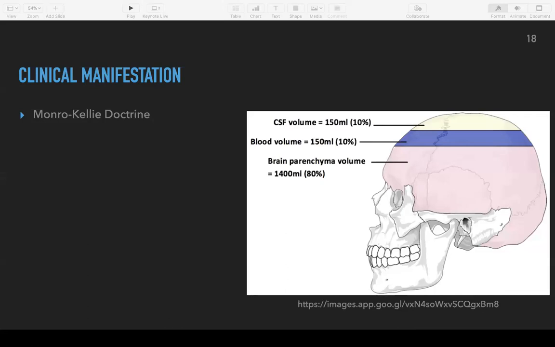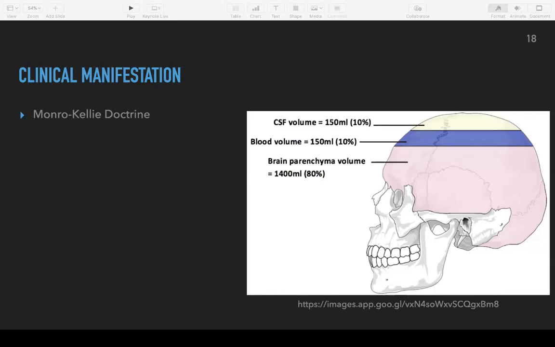So the doctrine stated that if you have an increase in one of the components, you will have a decrease in the other 2. What does that mean? So if we have a mass, this mass will cause a decrease, in the beginning, in the cerebrospinal fluid volume and blood volume.